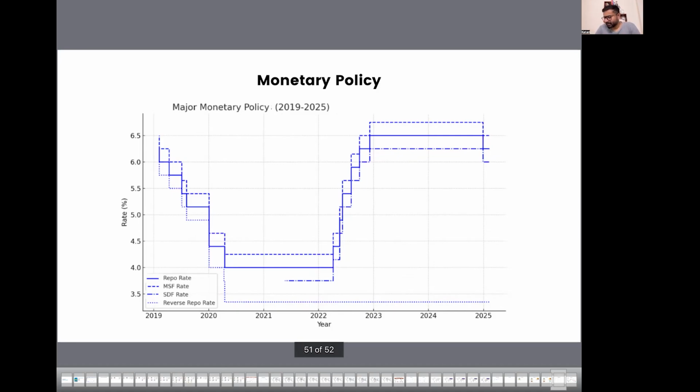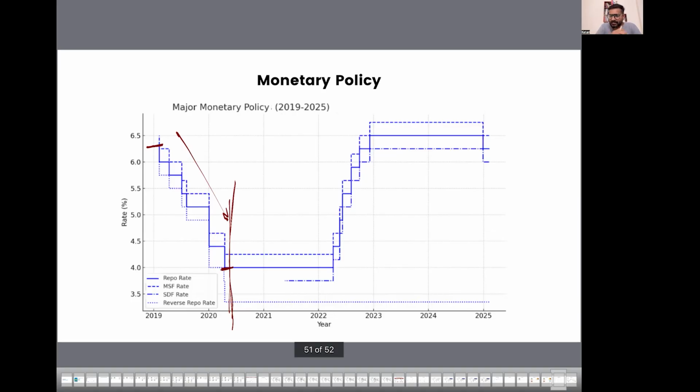Now, during this period, till the middle of 2020, we see that the RBI has been decreasing the interest rate. So it has decreased the policy rate, that is the repo rate, from around 6.25% to a low of 4%.